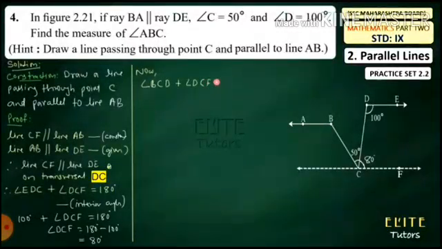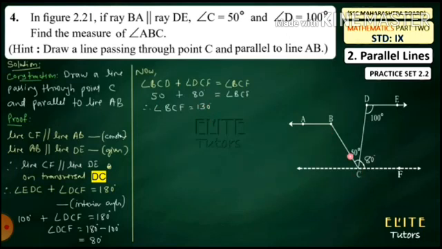Angle BCD plus angle DCF equals angle BCF, angle addition postulate. We will put the value: BCD is 50 degrees plus, as it is, DCF is 80 degrees, equal as it is, and BCF as it is. So 80 plus 50 we can get 130 degrees. So BCF equals 130 degrees.